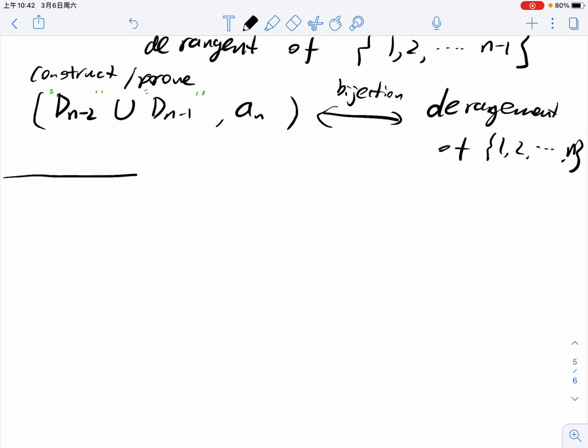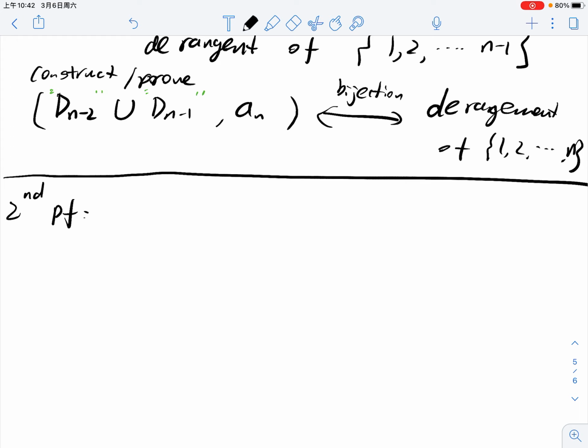Okay, I won't continue this because the second proof is simpler in the proof sense. We will have a short discussion after both proofs.